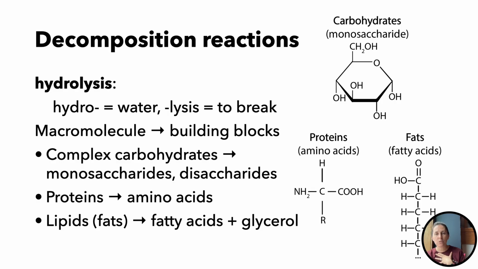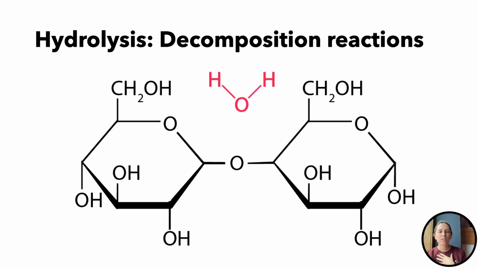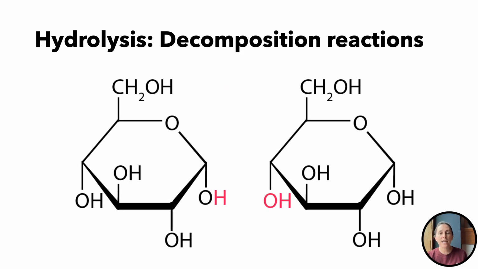I'm kind of a visual person sometimes, and so here I've included what that reaction might look like. Here we have maltose. It's a disaccharide composed of 2 glucose molecules. We, in red, have water, or H2O, and what we'll watch is the breaking of that glycosidic bond.